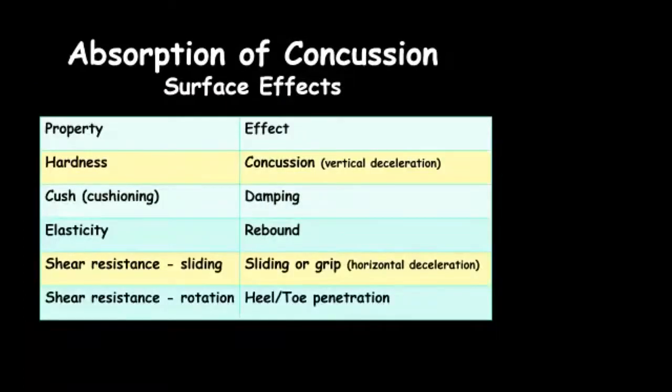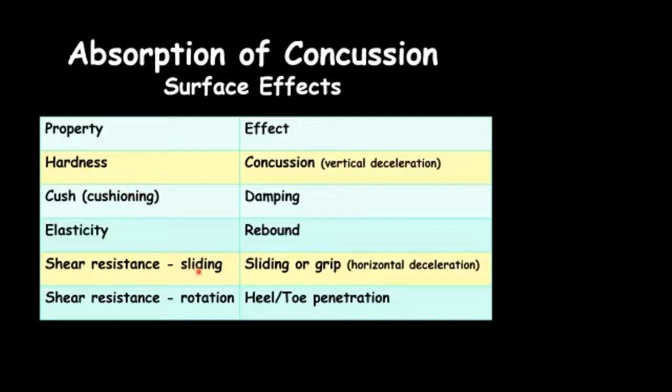Now, it's not only the horse that can play a role in the absorption of concussion. The footing is also important, and the composition and the material properties of the footing affect how it responds to contact with the horse's hoof. So in relation specifically to concussion, the properties that are going to determine the effect are, first of all, the hardness of the footing, because the hardness is what determines the rate of vertical deceleration, and then the sliding shear resistance.